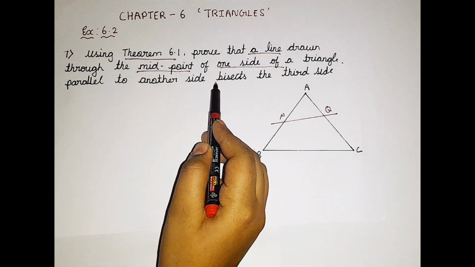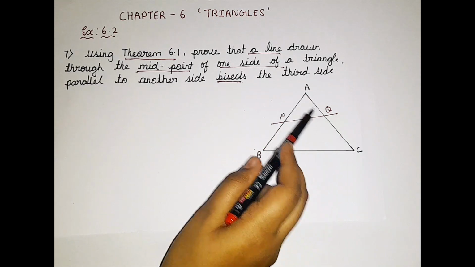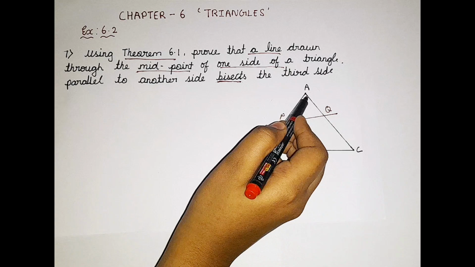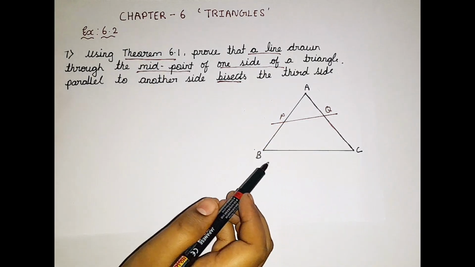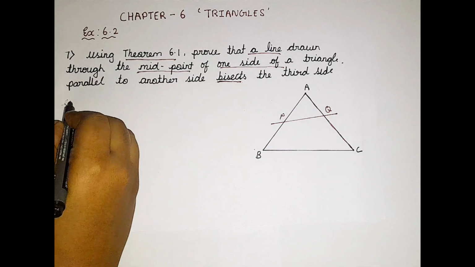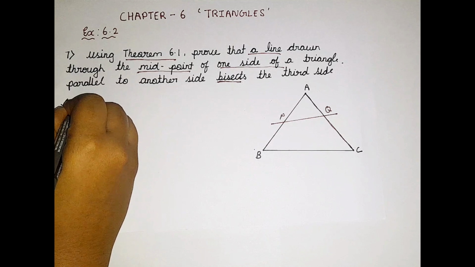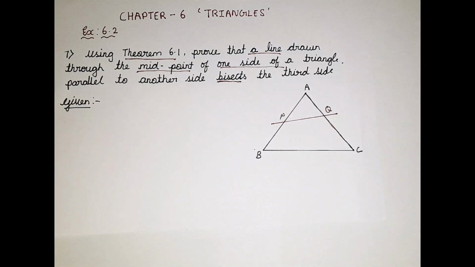And then it bisects the third side. Third side means this is the third side. Let me just mark it. So this is the third side. Now let us write the given values. So what is given? What are the things given in the question?